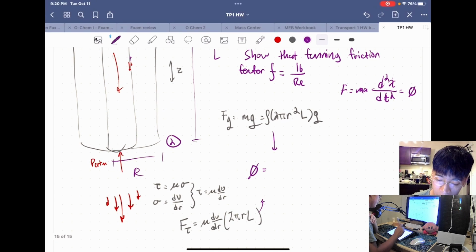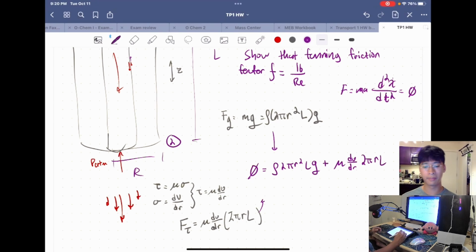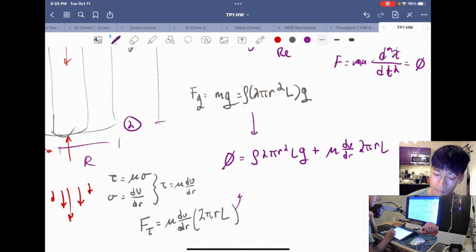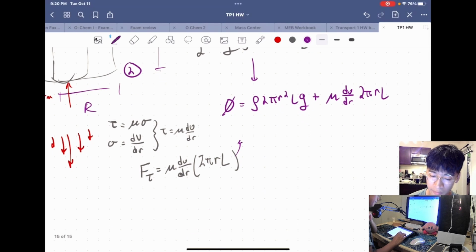So 0 equals rho 2 pi r squared, length of the pipe, times g, plus mu dv/dr 2 pi r L. At this point, we would like to find a velocity profile for this pipe.